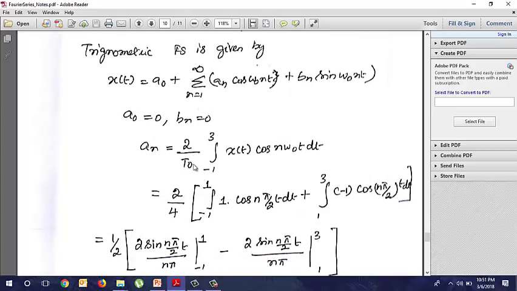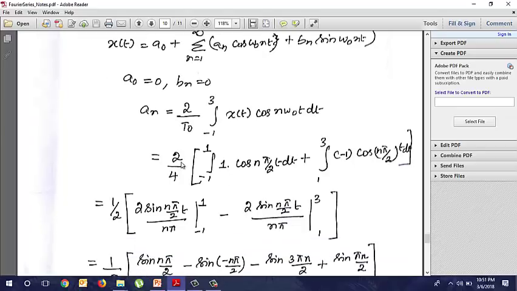So 2 by T naught, integral from -1 to 3 of x of t into cos n omega naught t, is the formula. Substitute 2 by 4, and then again you have two values, so split the integral into 2. From -1 to 1, the value is 1, cos n pi by 2 t dt, and then from 1 to 3, it is -1, cos n pi by 2 t dt.